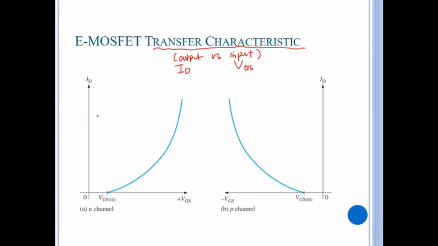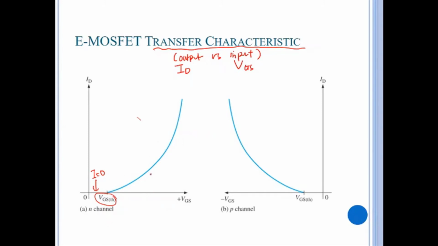So this is ID versus VGS, which is quite similar to the diode characteristic. We have the threshold voltage VGSTH or VTH. Below the threshold voltage, the current is 0. Above it, the current starts to increase, not in a linear fashion, but with a more rapid increment.